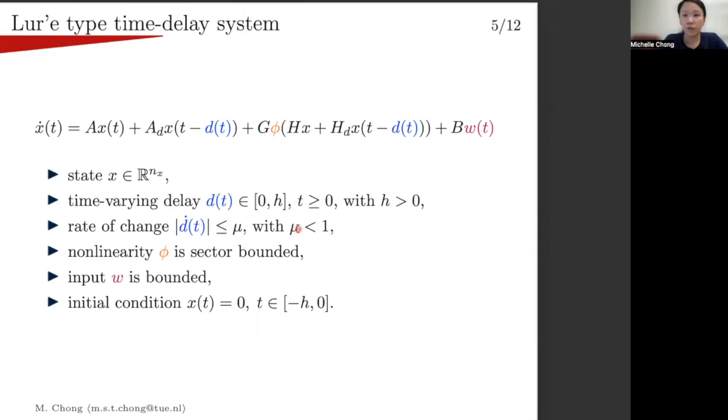We also assume that the nonlinearity is sector bounded, and we have bounded inputs. For simplicity, we have assumed that the system has been initialized at the origin, and we only have one time-varying time delay. Extensions to more time delays and initial conditions that do not originate from the origin can easily be done.